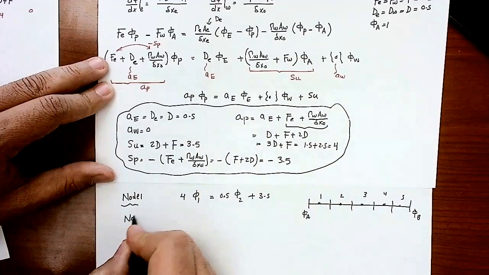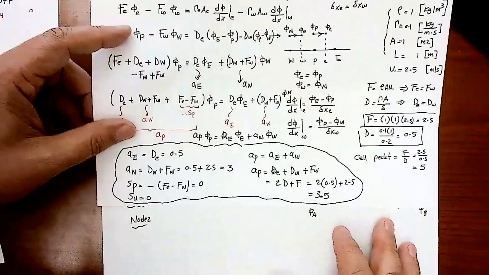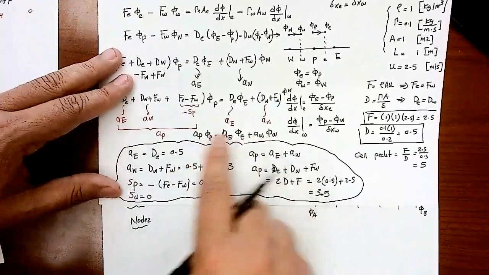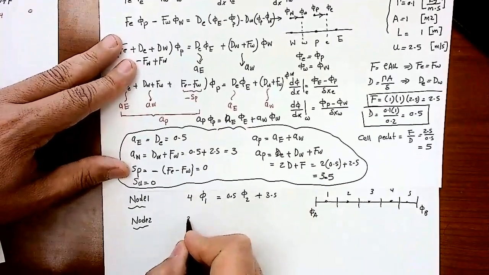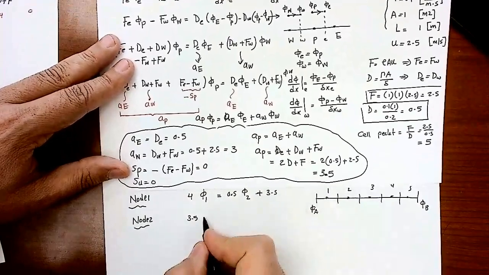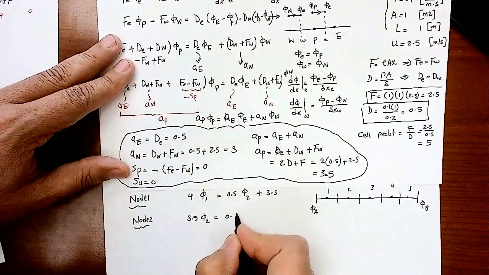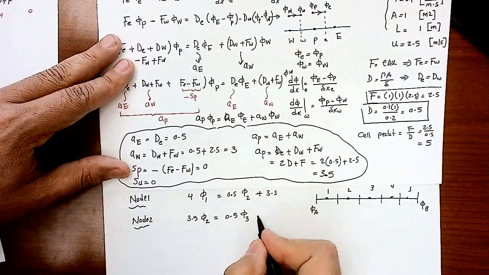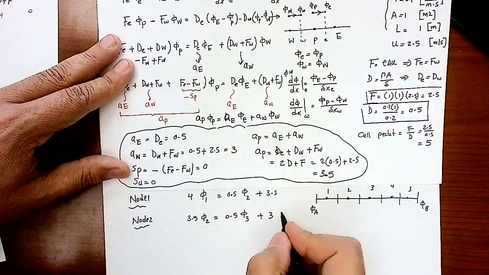Now let's go for node number 2. I will find the interior nodes relationship. This is the relationship that we got for node number 2: AP phi P equal A east phi east plus A west phi west. AP is 3.5, so I have 3.5 phi 2 equal to A east, which is 0.5, times phi east, which is phi 3, plus A west, which is 3, and phi west is phi 1.